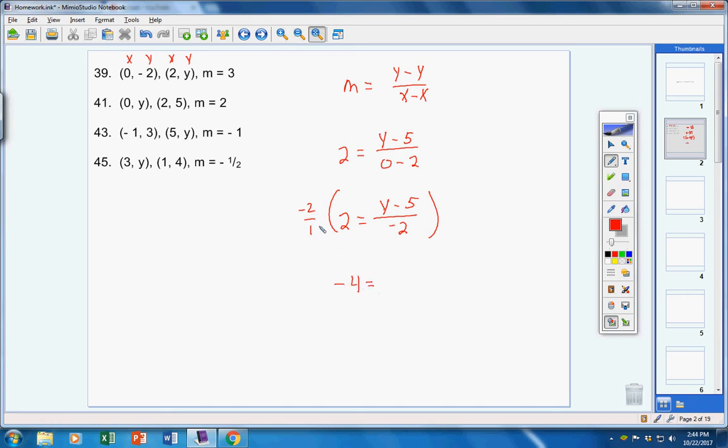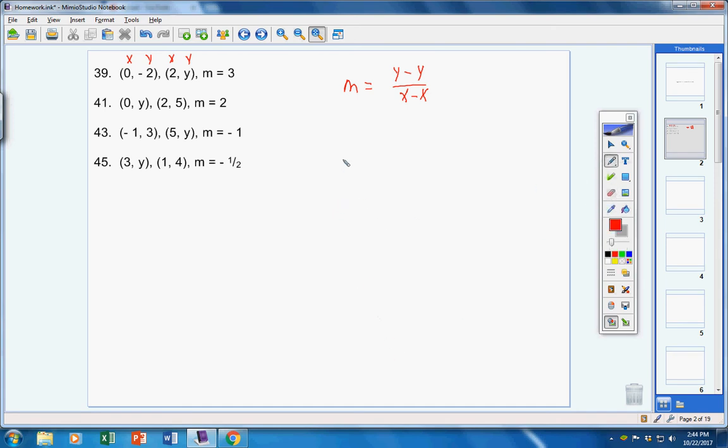Negative 2 over 1 times 1 minus 5 over negative 2. Your negative 2's cancel, leaving you with y negative 5. Simply bring your negative 5 over, make it a positive 5, and the answer is 1. Alright? Pretty simple. Let's try the next one.